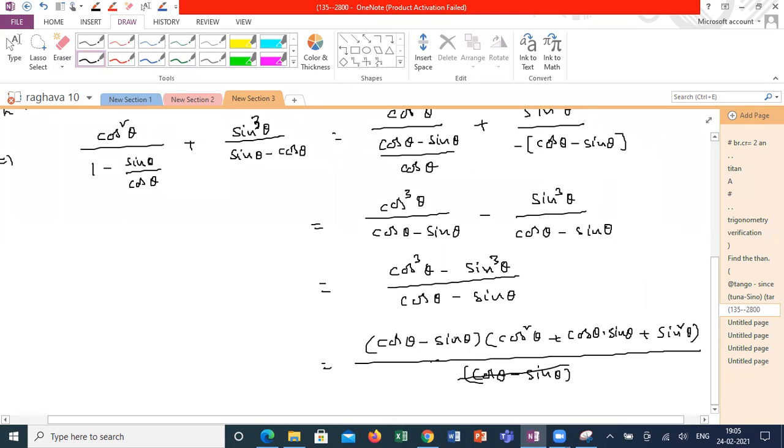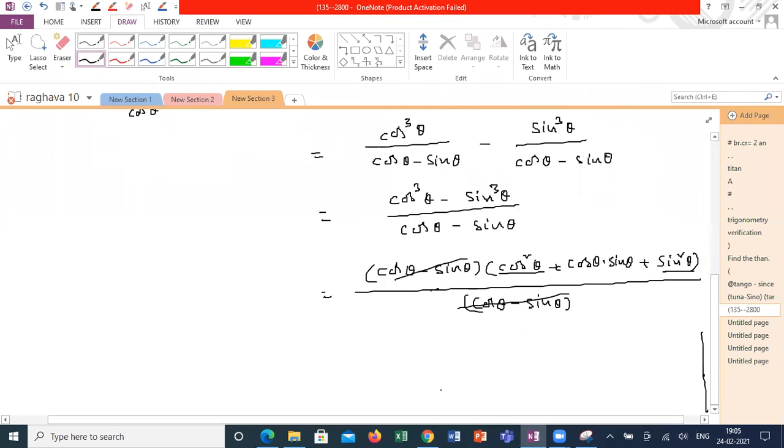The common factor cancels. I know cos square theta plus sin square theta is 1. So 1 plus the remaining is cos theta into sin theta. This is my RHS. Clear, guys? What is the logic in this question? Anyone having any doubt, anywhere confusion or anything?